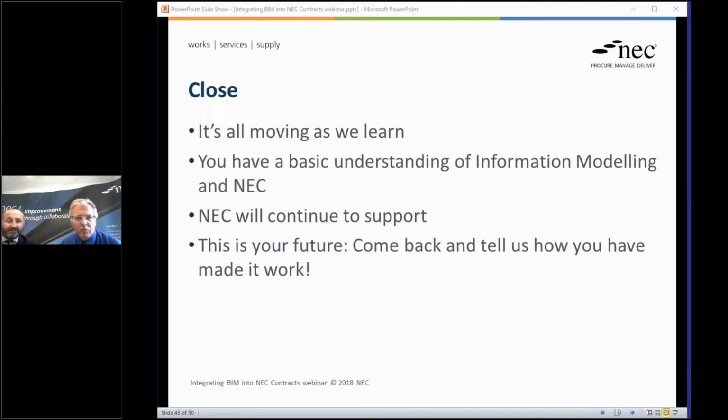On the obligation of fitness for purpose, any insurance issues, particularly around personal damage insurance? Yes, the DBO is different to all other NEC contracts in that it has a fitness for purpose obligation within it, and there's no second option to reduce that. The idea being a DBO is a true turnkey contract whereby it's difficult to start splitting out different issues or errors in construction as opposed to design.